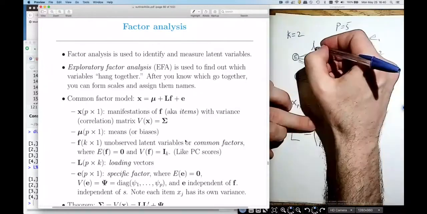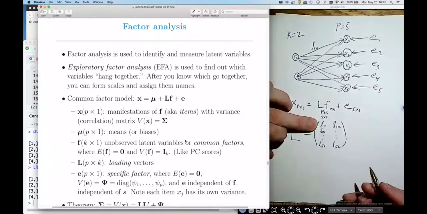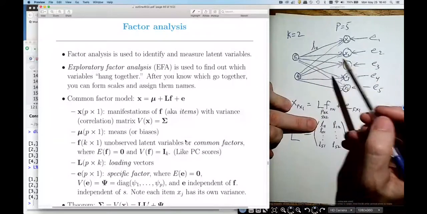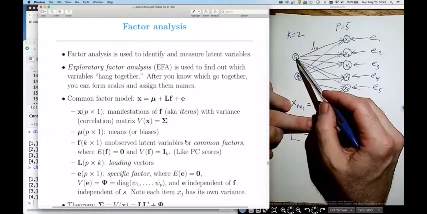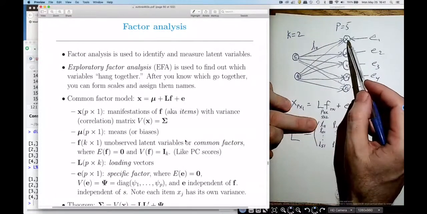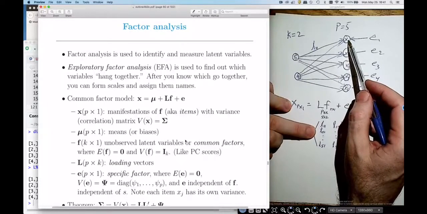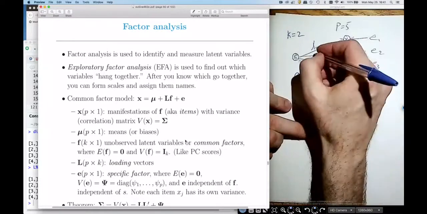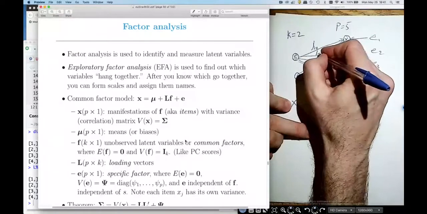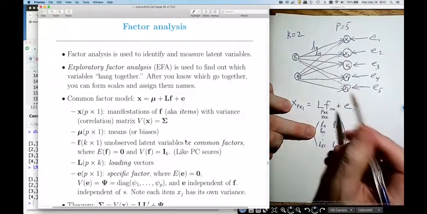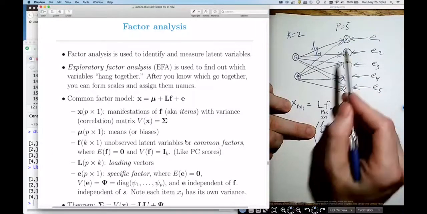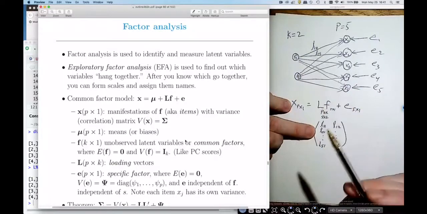L11 is going to be the relationship between my first factor and my first observed variable. This would be L21: how does the second variable get impacted by the first factor?